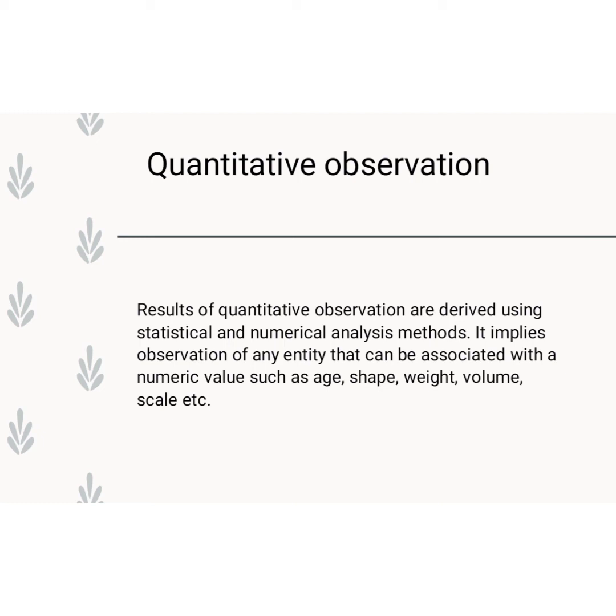So the results of quantitative observation are derived using statistical and numerical analysis methods. It implies observation of any entity that can be associated with a numeric value such as age, shape, weight, volume, scale, etc.